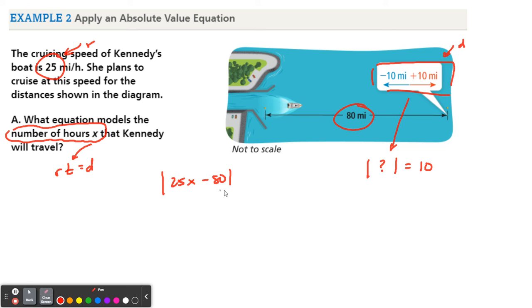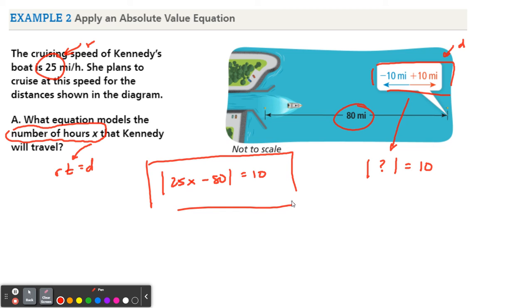So you'll notice that if you can think ahead, when we create the equations and solve, we're going to have to add the 80 to both sides. Or add the 80 to both the 10 and the negative 10. So this is going to equal 10. There's your absolute value equation.